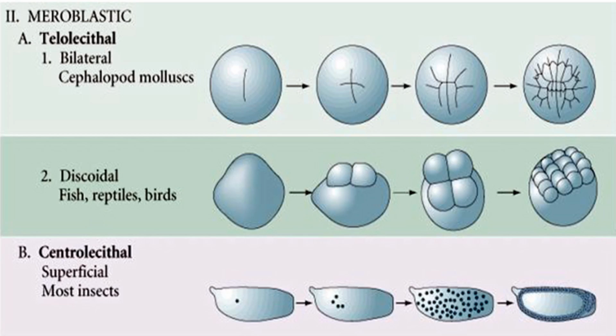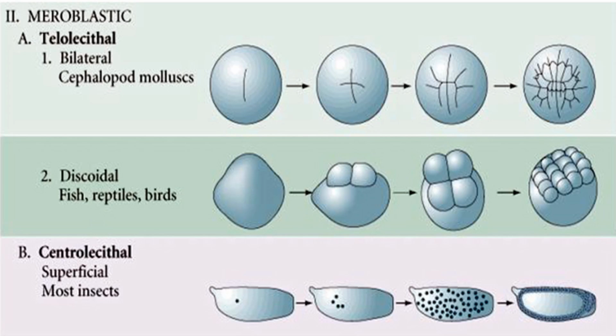And the centrolecithal egg, which is shown by insects, is superficial. Here first of all the nuclei divide into a large number, and then after the 14th division, the division of the cytoplasm occurs, that is, cytokinesis occurs at the margin.